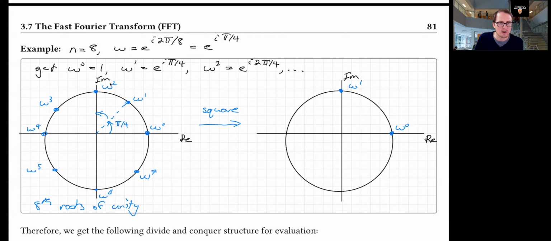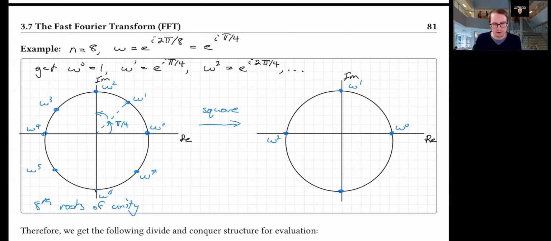So this omega 2 was at an angle of pi over 2. Now it's going to be at an angle of 2 pi over 2. So it's going to be here. Omega squared. And then omega cubed was at an angle of 3 pi over 4.